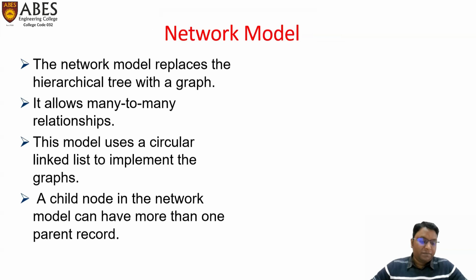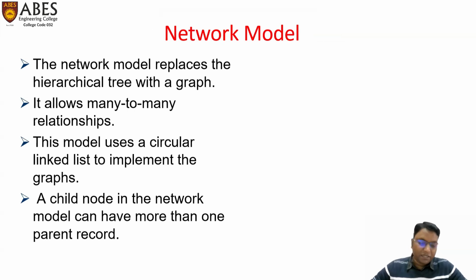Now, network model. The network model replaces the hierarchical tree with a graph, allowing many-to-many relationships. In the network model, it uses a circular linked list to implement the graph, and a child node can have multiple parent records.